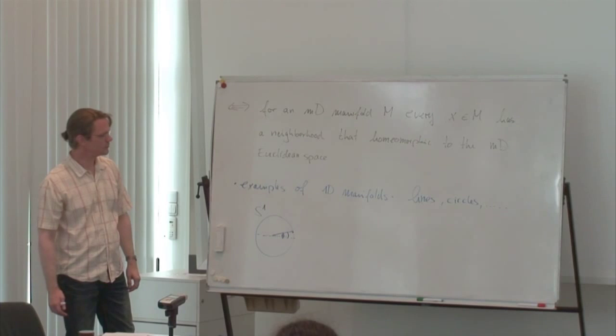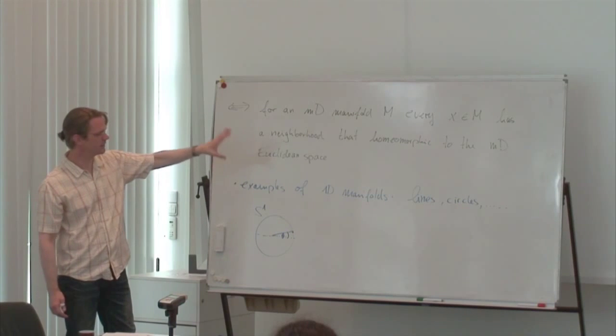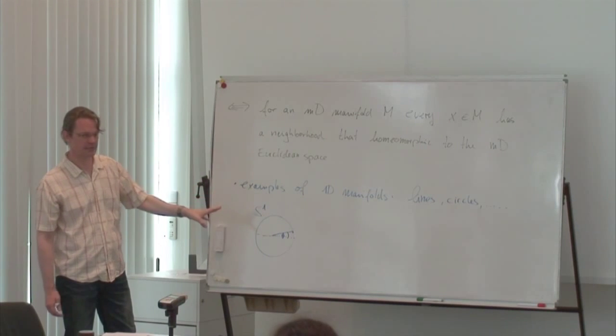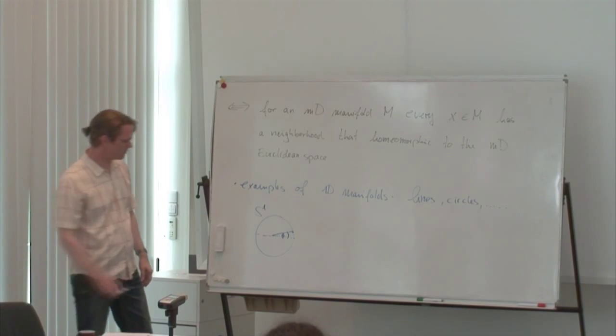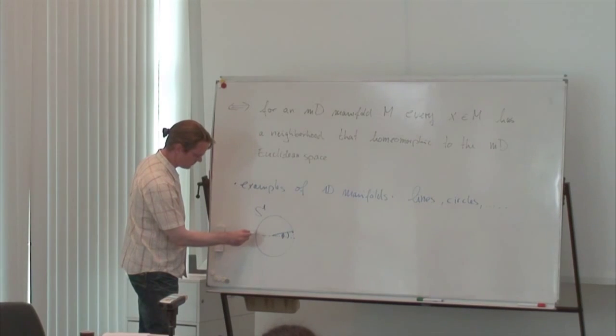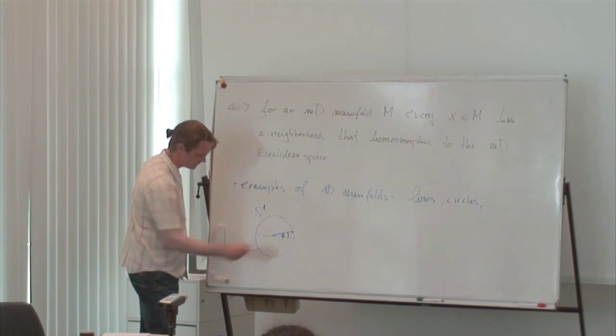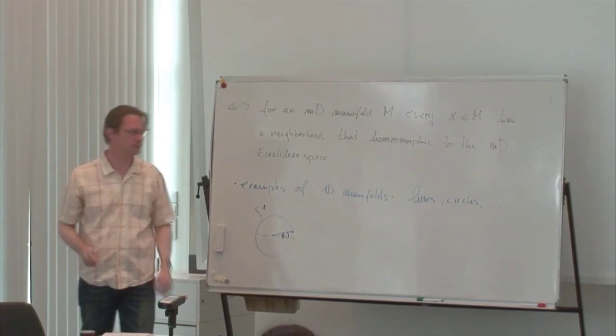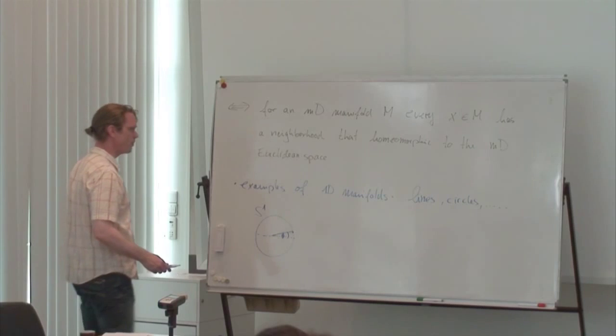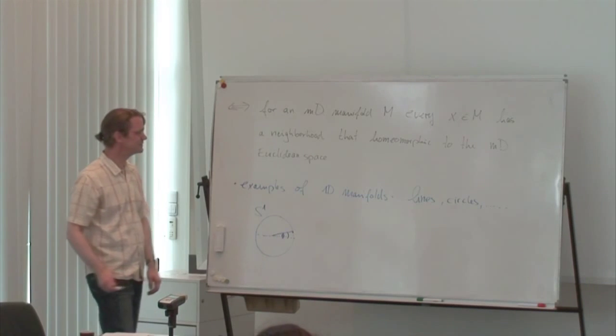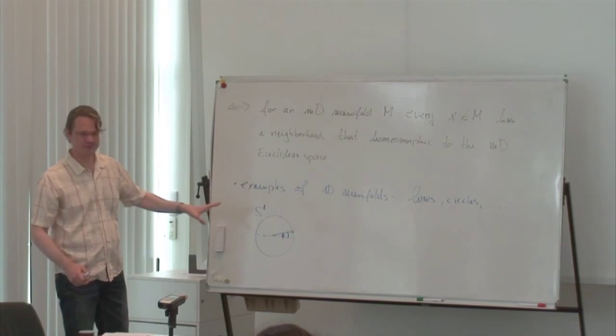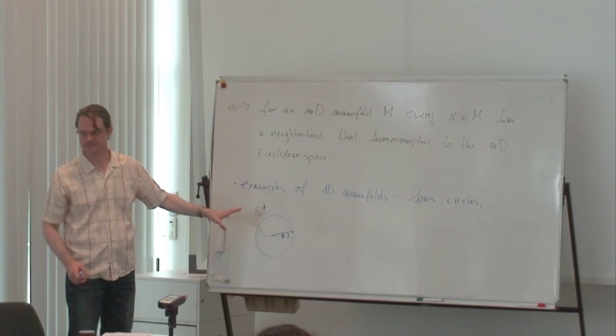Now, what is it to say that this is a structure, a manifold M, where each point on this manifold, and I'm just indicating a couple of them, has a neighborhood that is homeomorphic to, in our case, of course, one-dimensional Euclidean space.